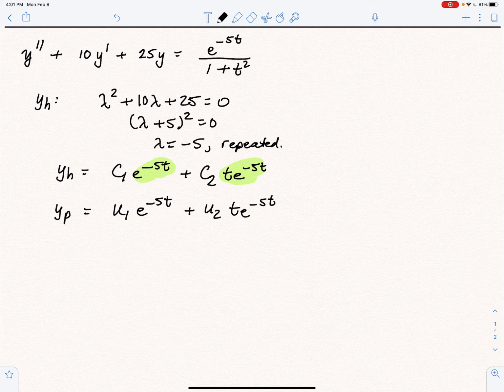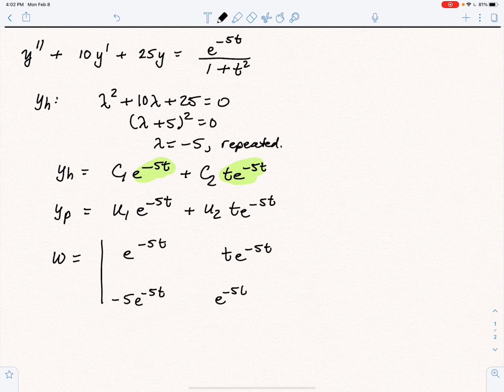So first, I'm going to find the Wronskian, which is the determinant from the original homogeneous solutions. And then we take the derivatives to get the second line. So the derivative of t e to the negative 5t is e to the negative 5t minus 5t e to the negative 5t. And then we just multiply, subtract, and multiply.